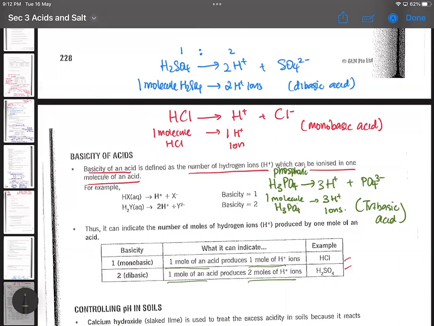If you have not done mole calculations yet, ignore what I'm saying. Most of the time we use basicity in a mole situation: 1 mole produces 1 mole, 1 mole produces 2 moles, or for phosphoric acid in green, 1 mole produces 3 moles. More accurately that way.